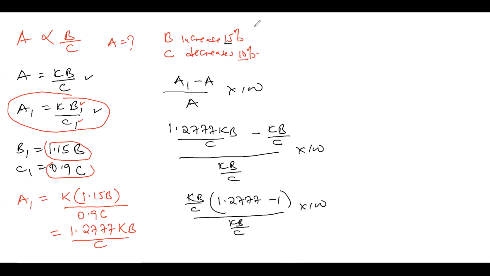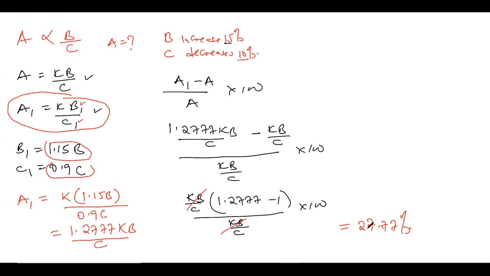And then it's obvious that KB over C is common in both the denominator and the numerator, so they will cancel. So as they cancel, the final answer will be 1.2777 minus 1, which is 0.2777, then times 100. The answer should be 27.77%.